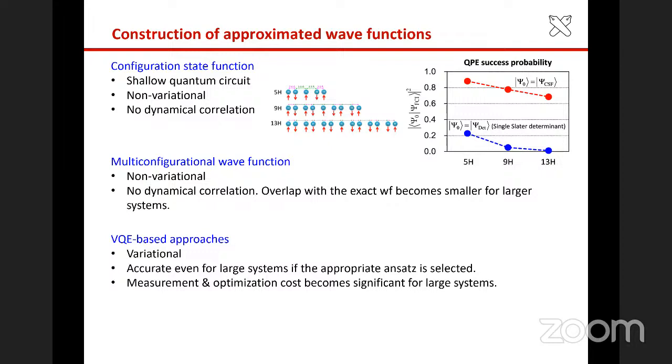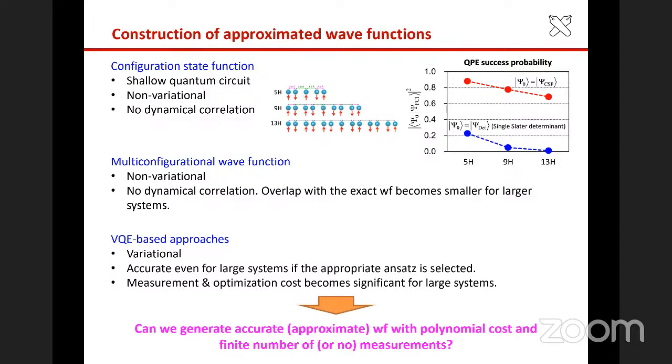So it is quite difficult to apply VQE to very large systems. So can we generate the accurate wave function or approximate wave function with polynomial cost and a finite number of, or maybe no, measurements? It is quite valuable, I think.